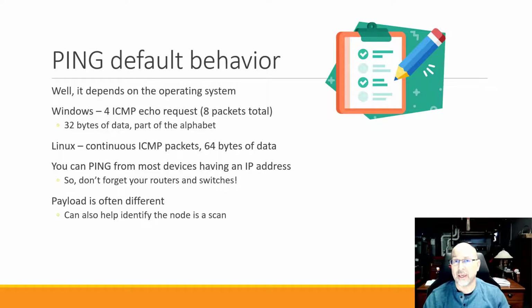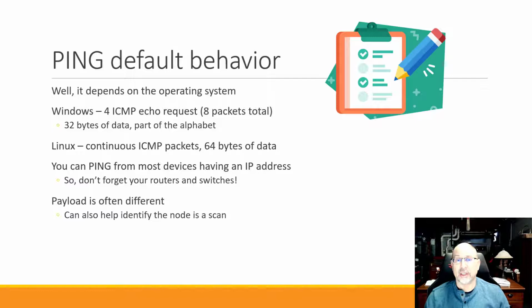Another interesting thing about the Windows default ping is that it's 32 bytes of data. And the bytes of data are actually parts of the alphabet. So when you're looking at traffic and trying to understand who is talking, or maybe even who is pinging, you can tell a lot by just looking at the style of the ICMP echo request.